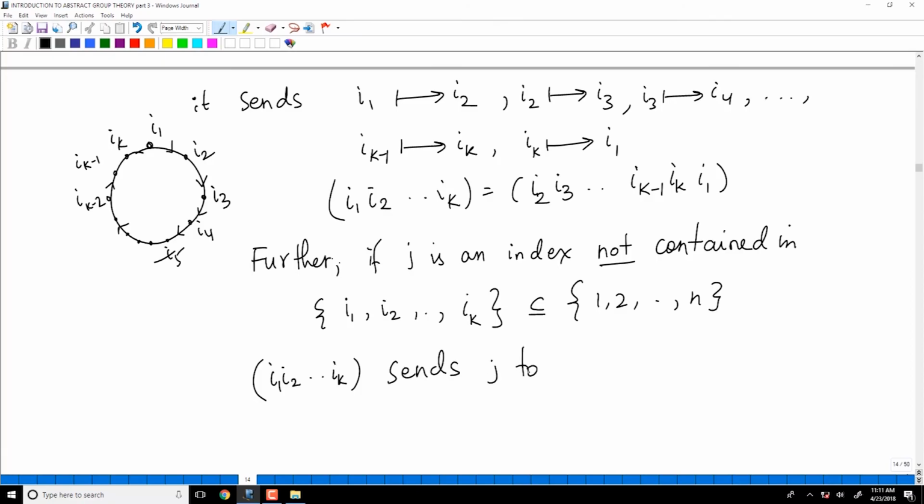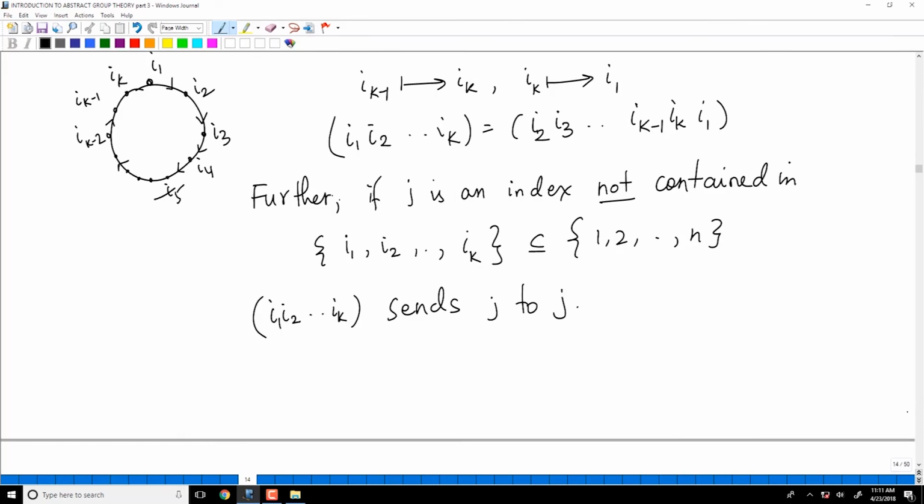J to J. It doesn't do anything to J. Now I have completely described the cycle, right?